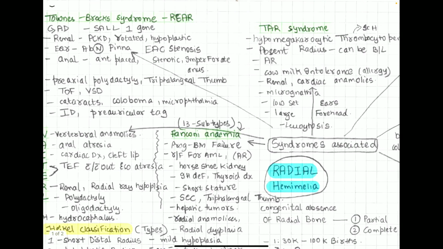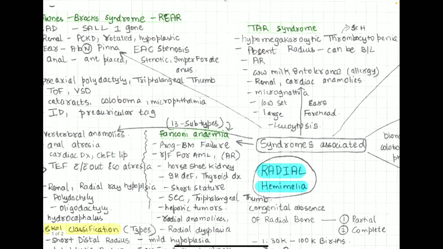Then there is Fanconi anemia. Fanconi anemia is a progressive bone marrow failure syndrome in which there is a predisposition to malignancies such as AML. It is an autosomal recessive condition and has more than 13 subtypes.